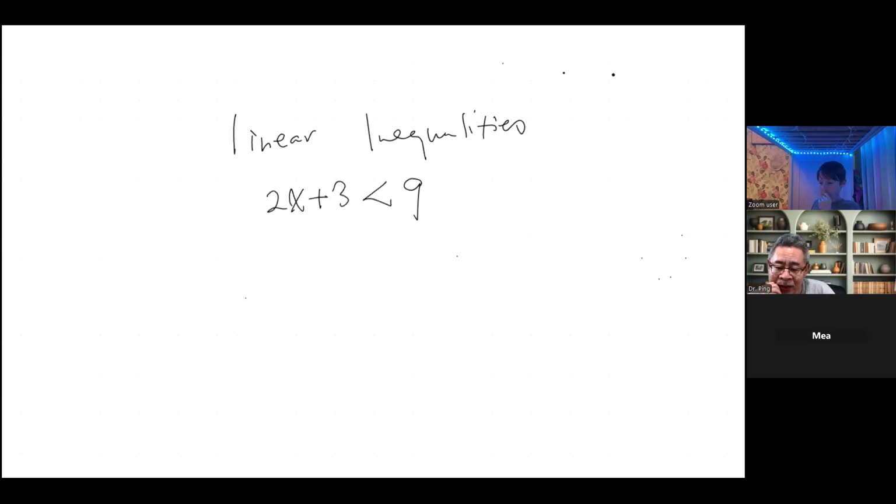That's our subtraction property on both sides. So we got 2x is less than 6. Then we divide by 2. And because we divide by a positive number, we don't have to change the inequality sign. The 2 and 2 cancel, then x is less than 3.